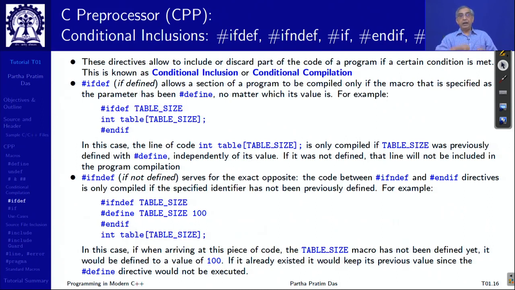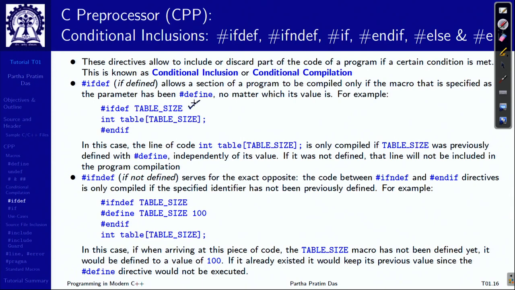This is not an if statement of your execution, where the code at runtime is checking and doing it. Here you are saying, do I include this code in my compilation or I do not? Something that I include will be retained by the CPP, something that I do not include will be removed by the CPP before the code goes to the compiler.